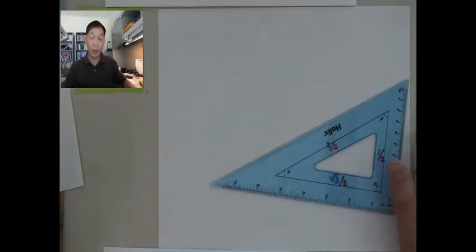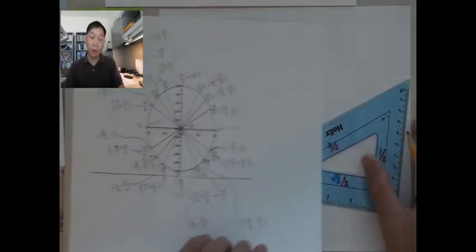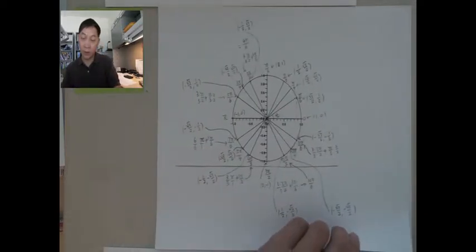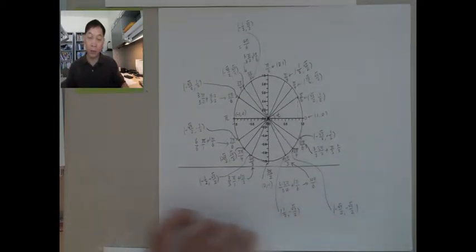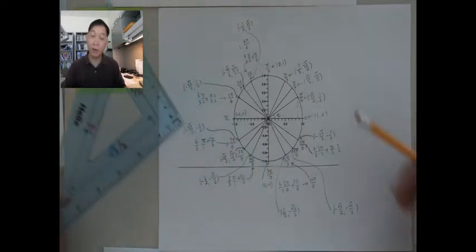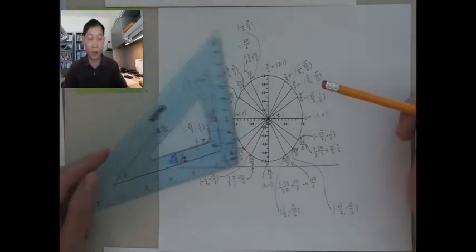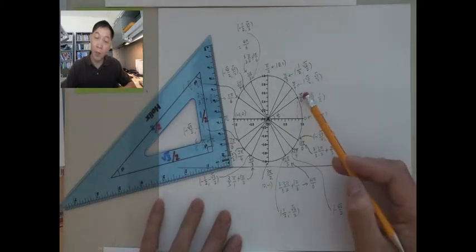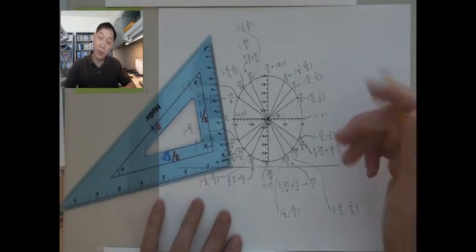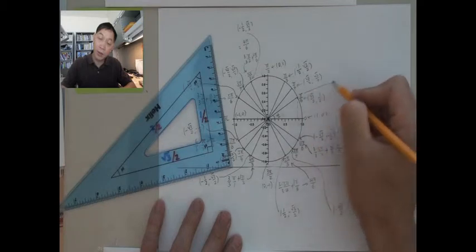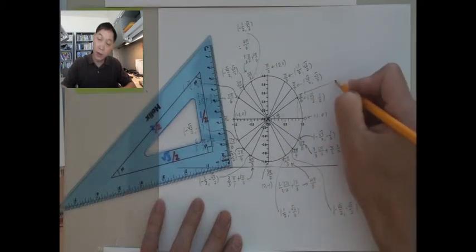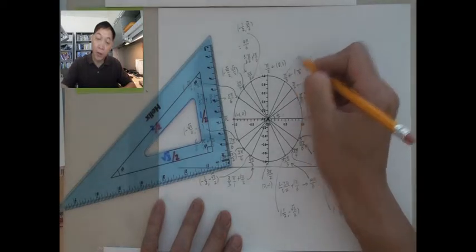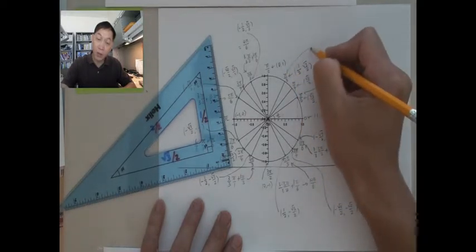To proceed, today's lecture is like this. Let's look at this picture. This picture looks very complicated, but actually it is not. If you look at here, pi over 6 is how many degrees? Pi over 6 is 30 degrees. Remember that. Pi over 3 is how many degrees? 60 degrees.